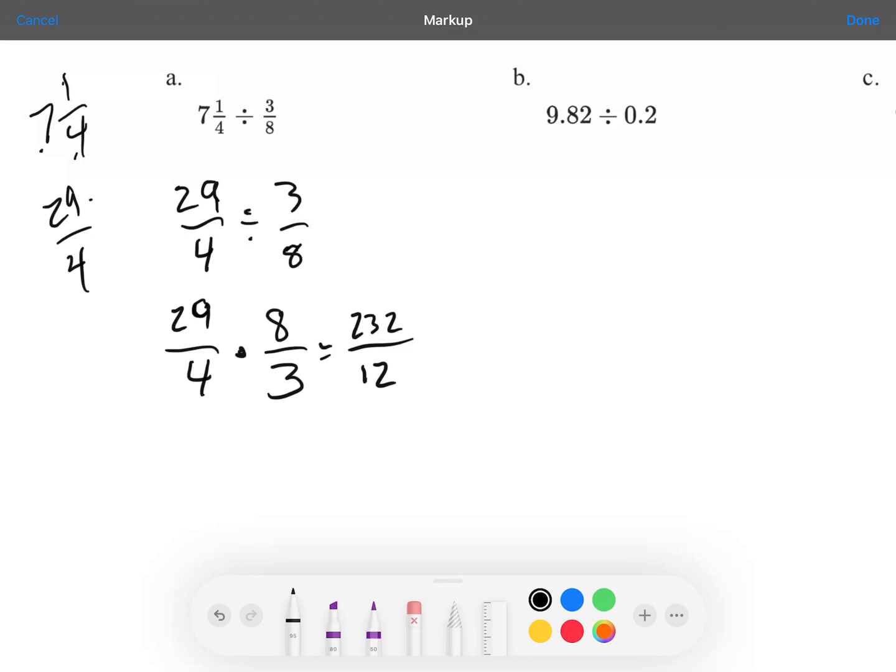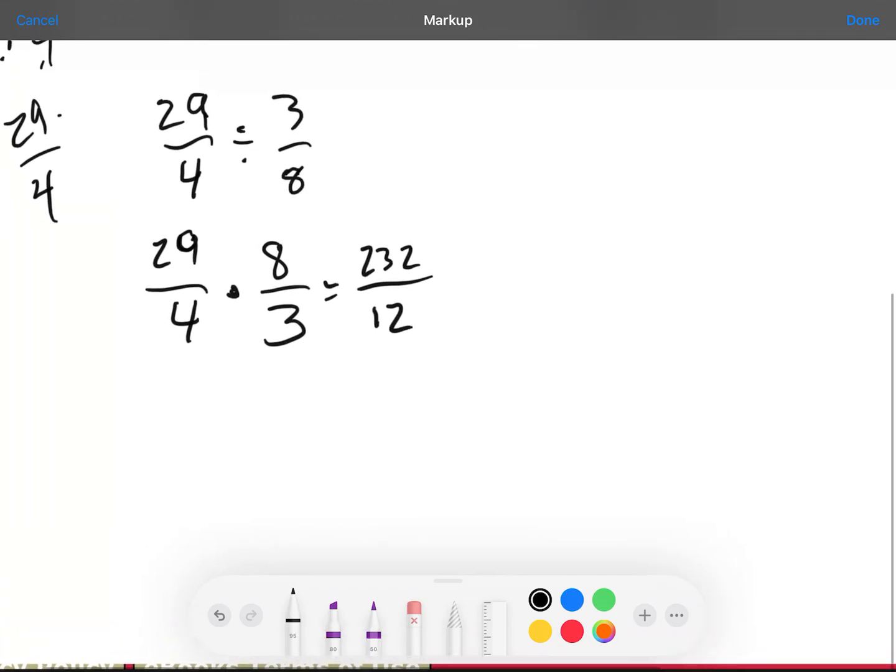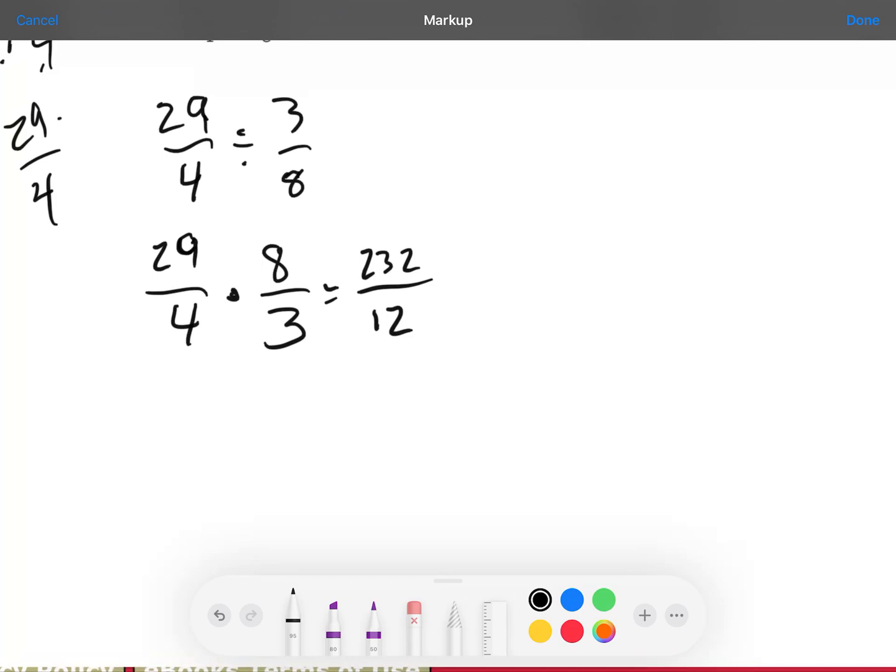The first thing I'd probably do is divide it by, I'd at least divide it by 2. I think we can divide it by more, but we'll just divide it by 2 here because I know they're both even. So my new denominator becomes 6, and 232 divided by 2 will be 116. Looks like I can divide them by 2 again.